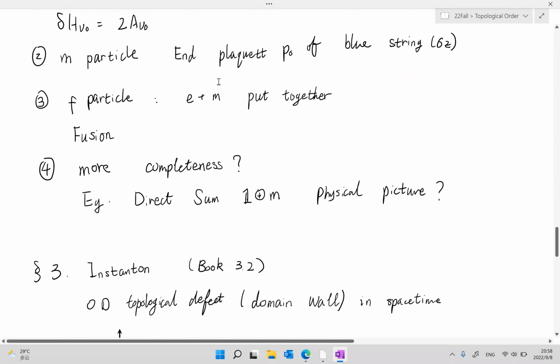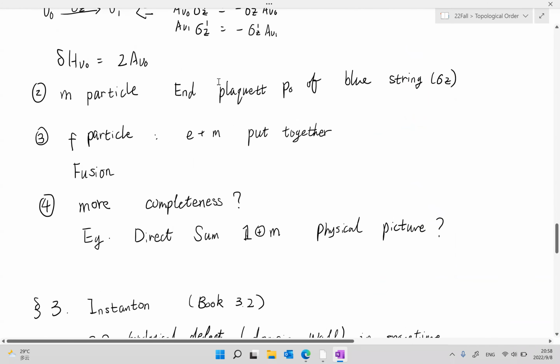So I don't know, maybe we'll just add some other terms to the Hamiltonian to find that the particle effect can always be expressed as a direct sum of the one. Okay.